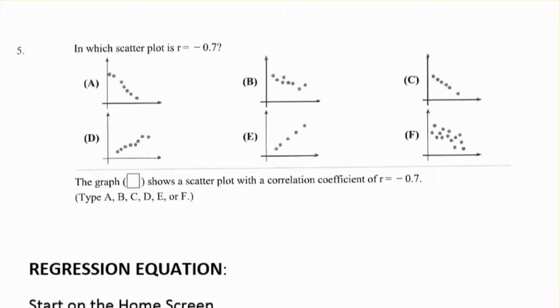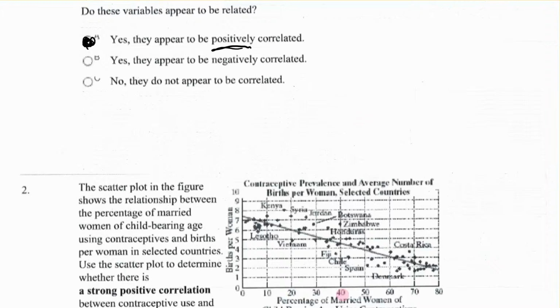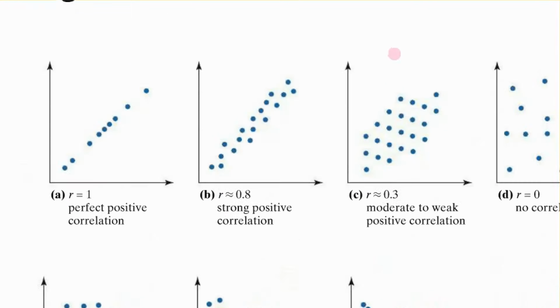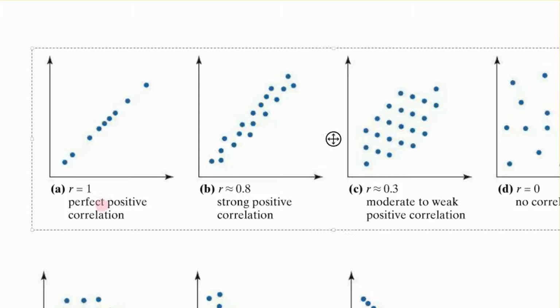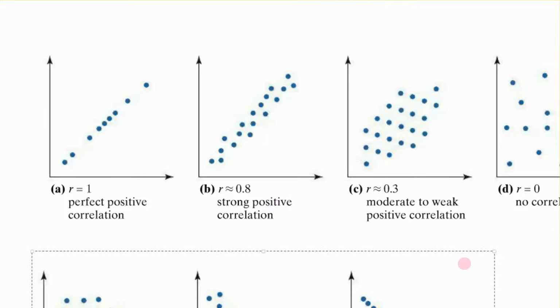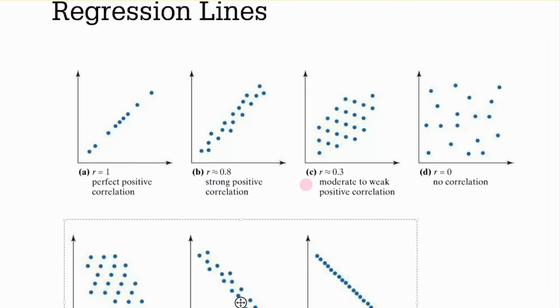All right, let's see about this one. In which scatter plot is R? And by the way, I don't know that I said this. It was up in our picture. R is the measure of the correlation coefficient. I need to go over this a little bit more.